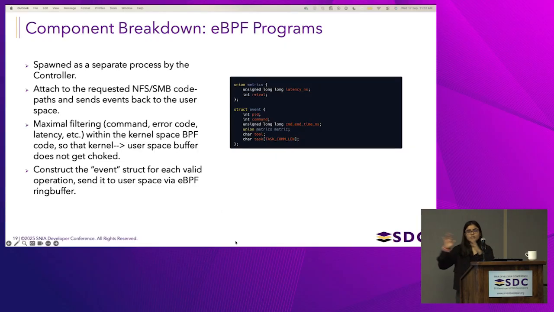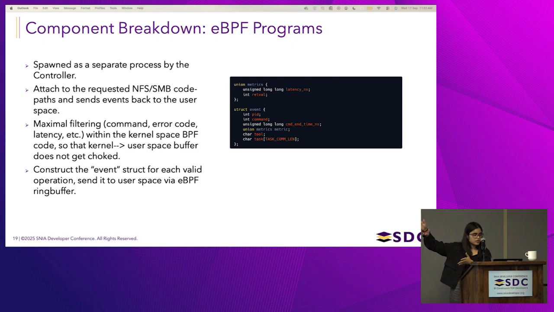And there is a common event structure that each of these eBPF programs needs to construct so that all of this can be sent to the user space. So for example, we have the PID and the command, SMB or NFS command, whatever, when the command ended, the time in nanoseconds, and a union of the metrics.